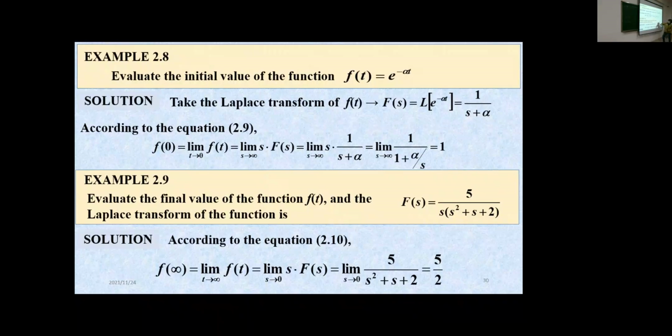And here you don't need to do the transform, but you can do it directly from here. When t tends to 0, this is 0, so e to the power 0 is just 1. It's not necessary to use the initial value theorem, but it's just an example of how to. You should get the answers using two solutions, so the answers are the same, right?